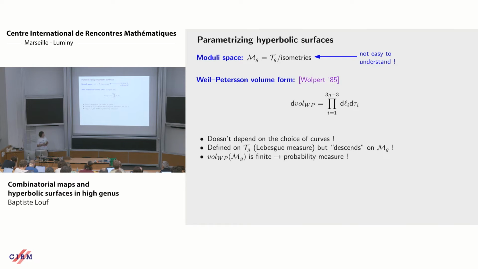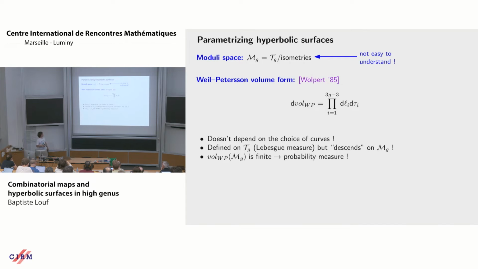And the cool thing is that when you quotient out by the isometries, it descends to a measure on the moduli space. That turns out to be the Weil-Petersson measure. If you were at Eileen's talk, you remember she defined it with some Beltrami differentials.